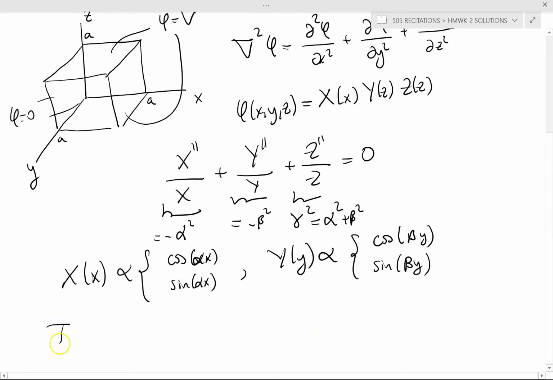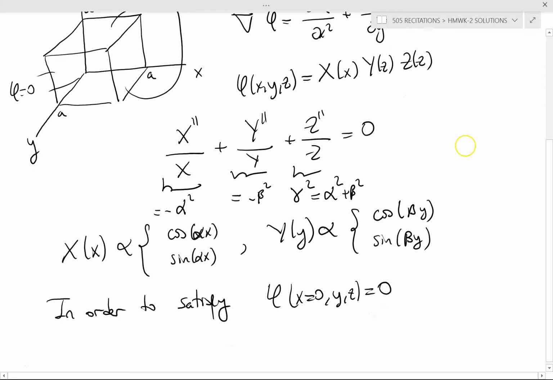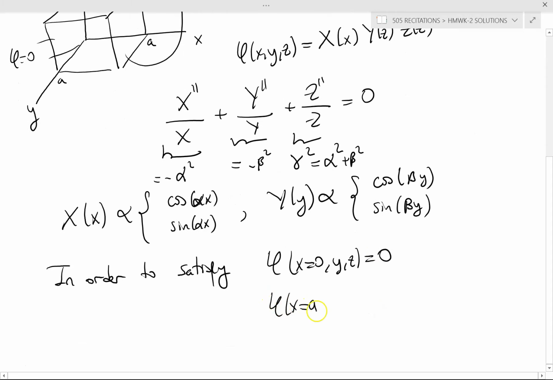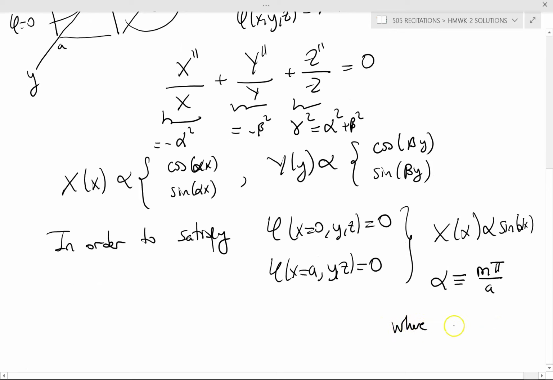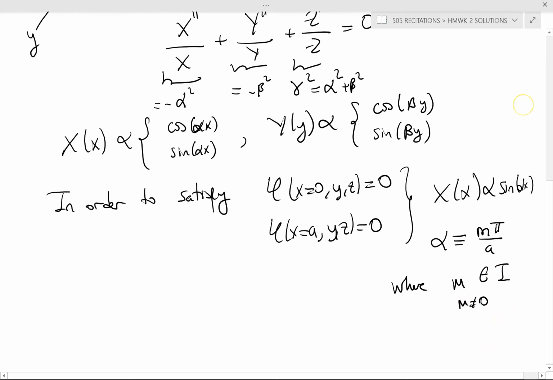However, in order to satisfy phi of x equals 0, y, z equal to 0, and phi of x equals a, y, z equal to 0, we can only work with the sine function, and furthermore we need to make sure that alpha is equal to m pi over a, where m is an integer not equal to 0, right?